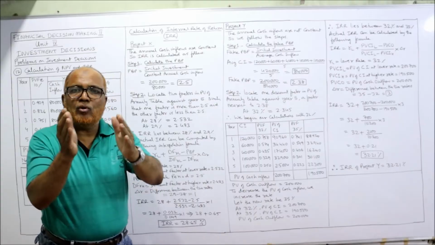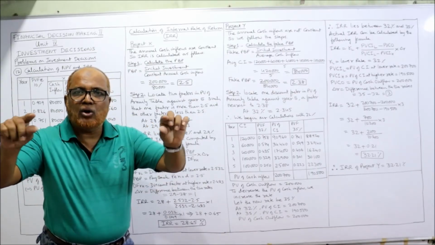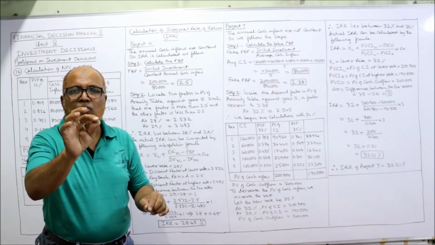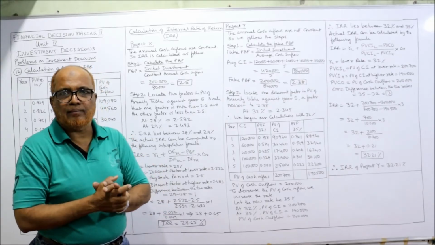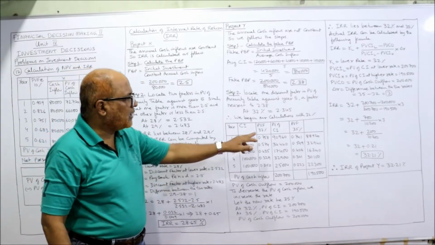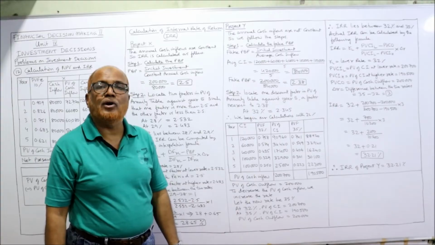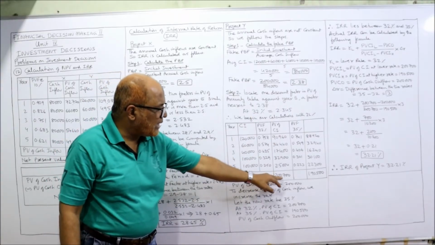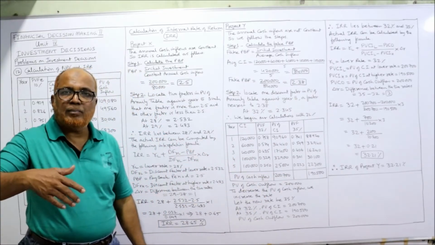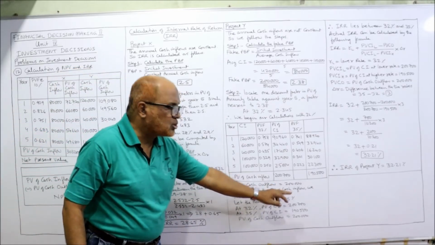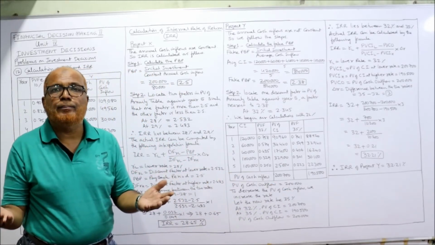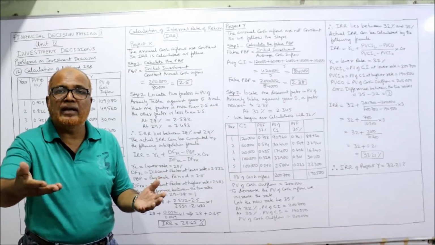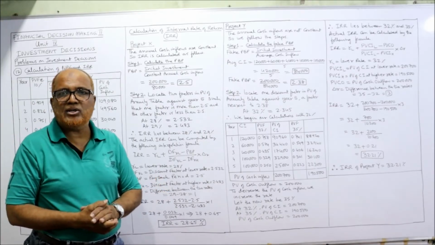If PV of cash inflow and PV of cash outflow are both equal, then whatever discount rate is there, that discount rate is the IRR. But here we cannot say 32% is IRR, because the PV of cash inflow is 2,700,000, whereas our PV of cash outflow is 2 lakh. Both are not the same. Now we have to make one more iteration, one more calculation.